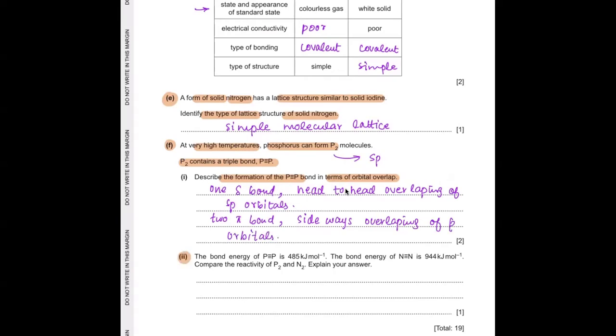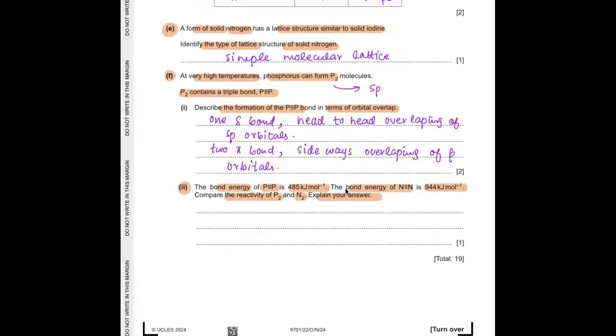Okay. Now part two, the bond energy of the phosphorus triple bond is 485 kilojoule per mole. The bond energy of the nitrogen triple bond is 944 kilojoule per mole. Compare the reactivity of phosphorus and nitrogen. Explain your answer. So which one needs less energy to break its bond?